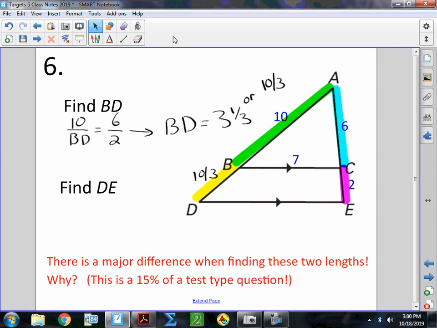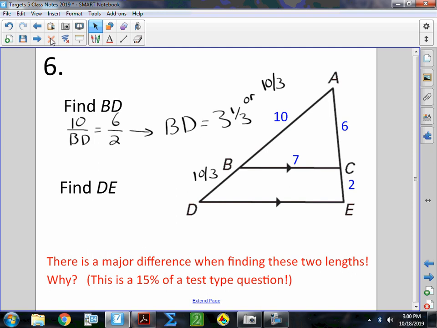So I'm going to get rid of these highlighted parts. And I want to read the red statement. There's a major difference when finding these two lengths. Why? Then I put in parentheses, this is a 15% of a test type of question.